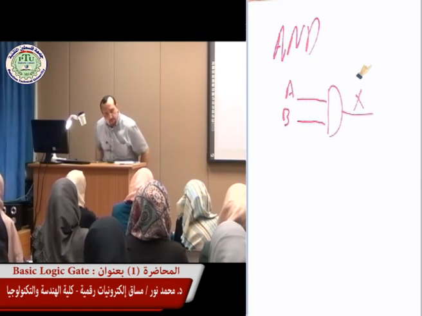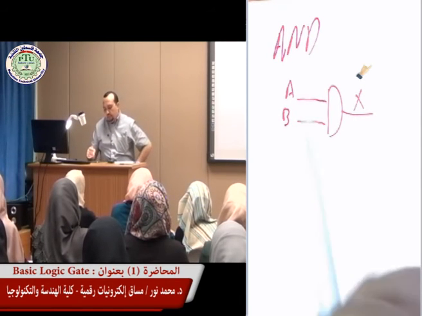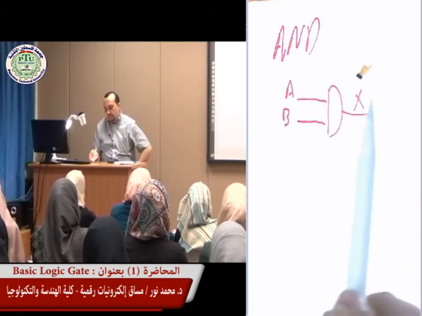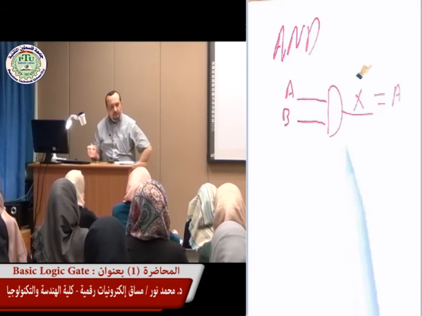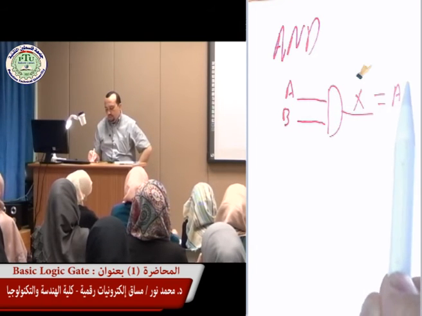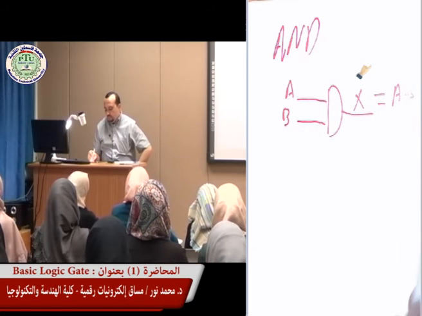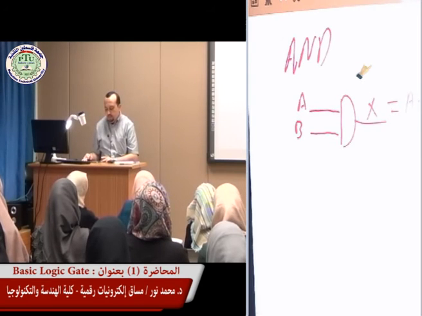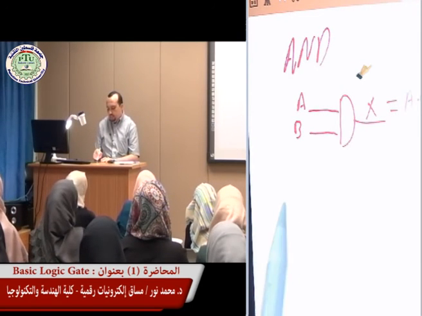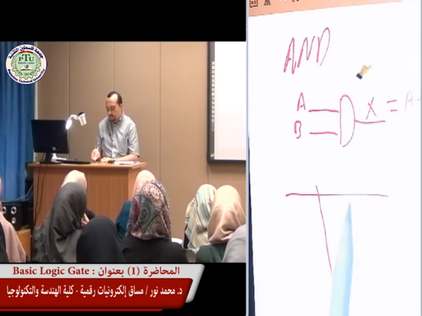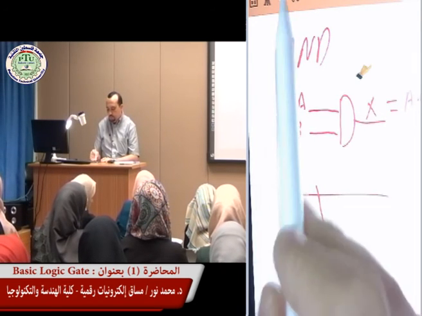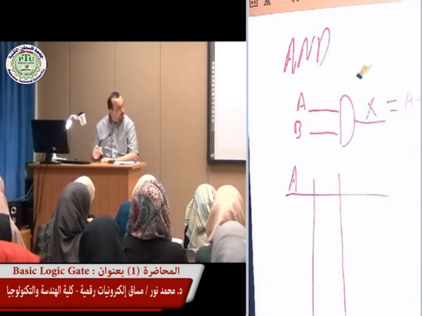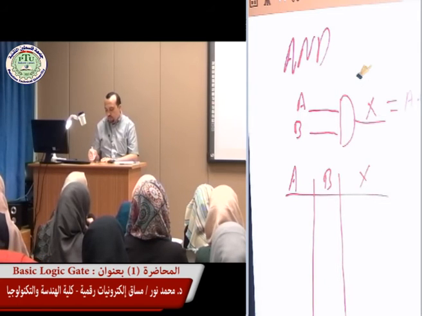بالنسبة للأند أكيد بتعرفوا إنه equation or the way the relationship between X and AB is kind of like you multiplied, right? Either A dot B أو باختصار بنقول AB, right? واضح هذا. طيب شو ال truth table تاعه؟ خلينا understand ال truth table للأند. So we have A, we have B, and we have X output.